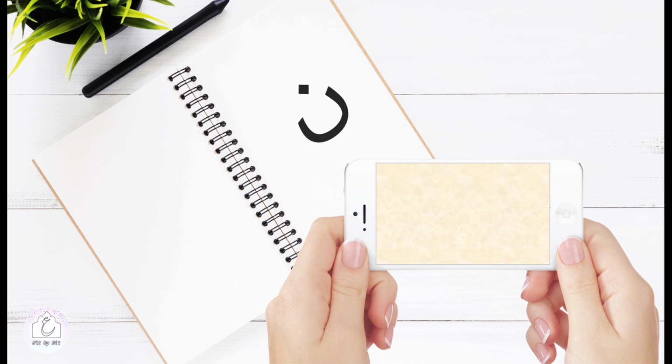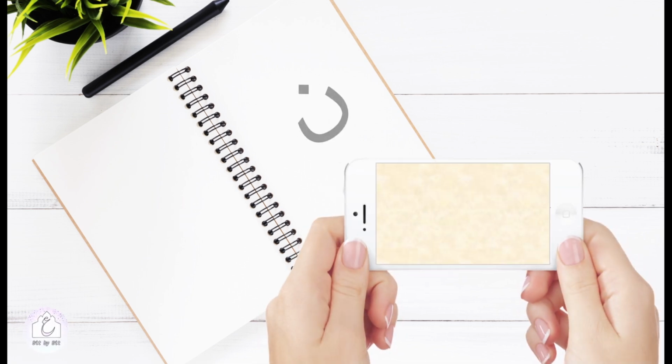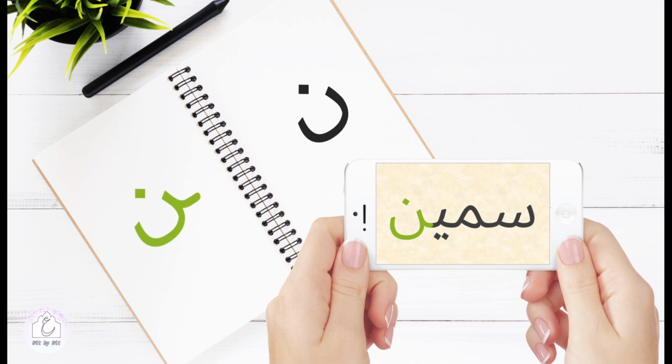In the medial position, it has two connecting segments, one coming from the previous letter and the other leading to the following letter. In the final position, it regains its original isolated form, in addition to a connecting segment coming from the previous letter.